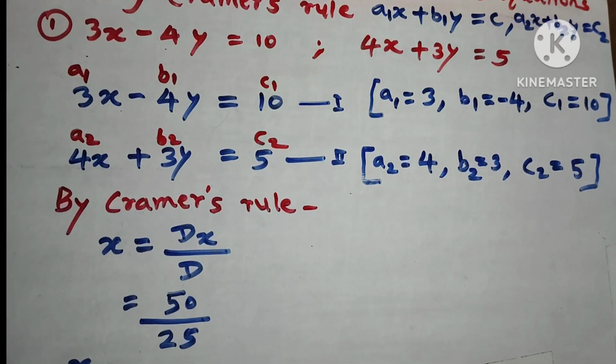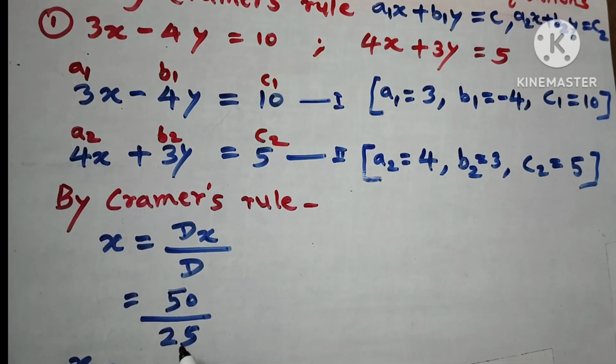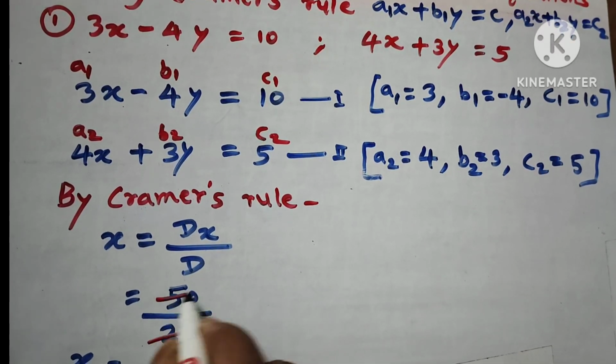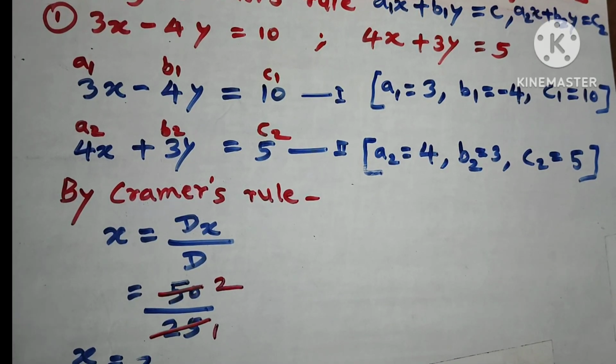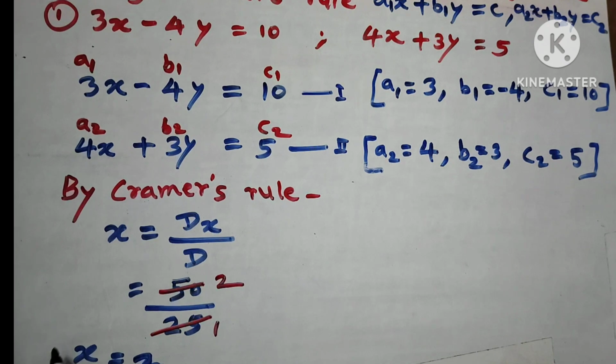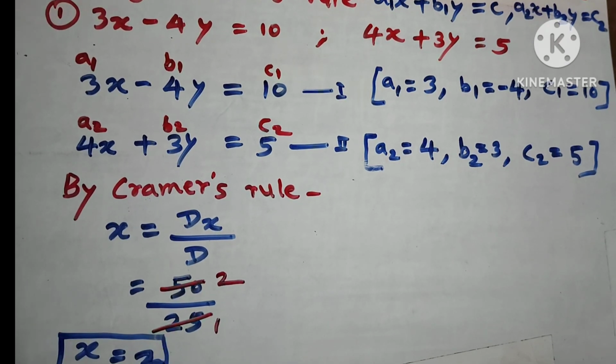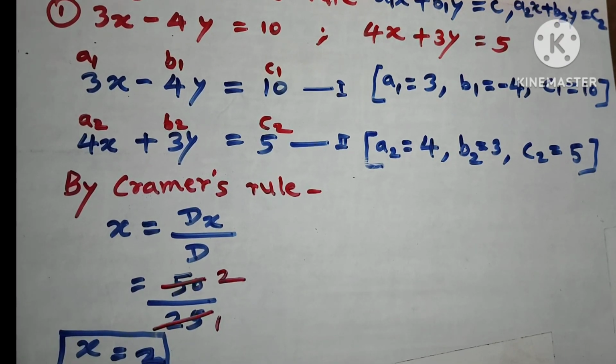Then x is equal to 25 twos are 50. X is equal to 2.